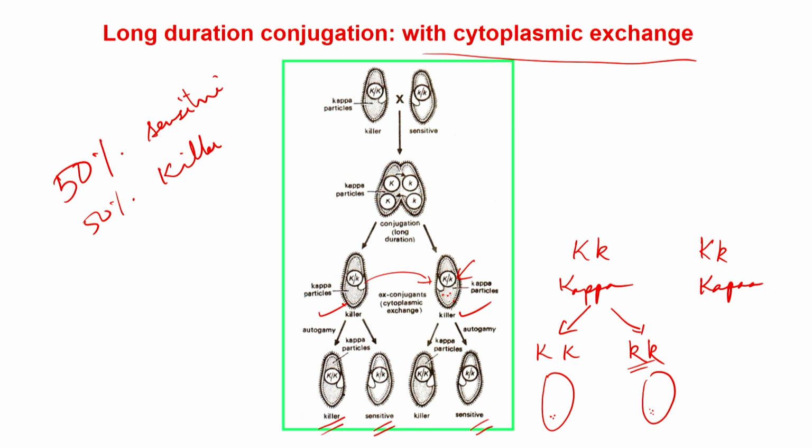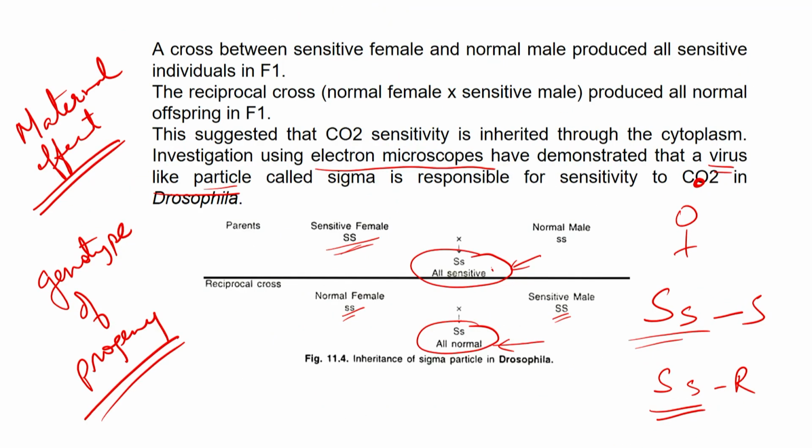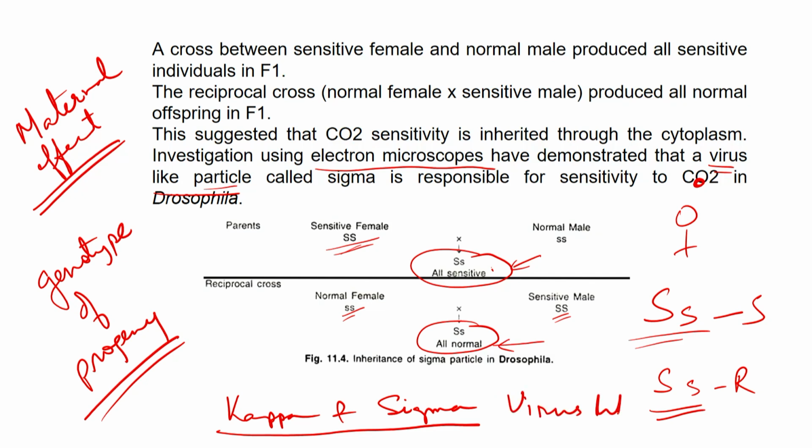So you have kappa particles and sigma particles, they both show infective inheritance and they are virus-like, and they transmit the information from the female parent to the progeny in Drosophila.